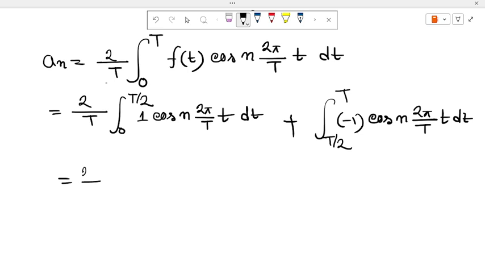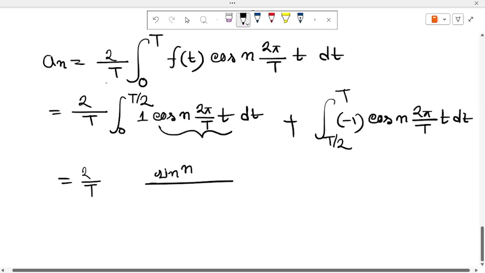So if I integrate cos, I will have sine n 2 pi by T t, divided by n 2 pi by T, from 0 to T by 2.